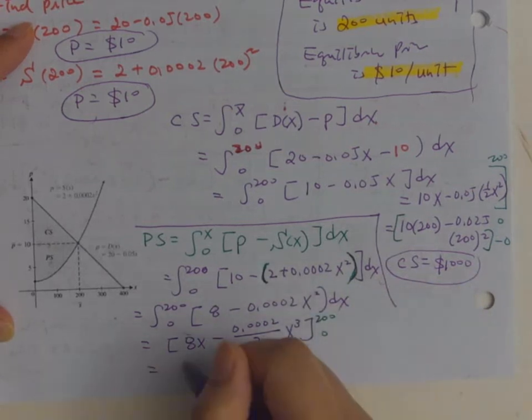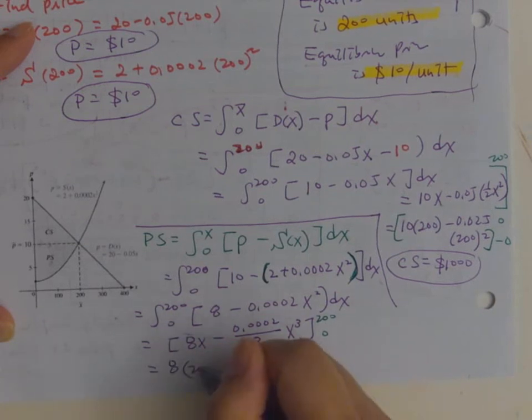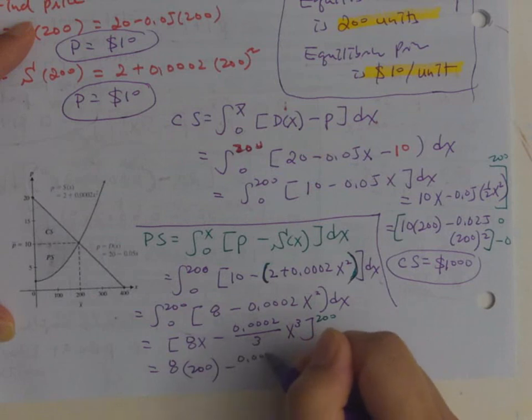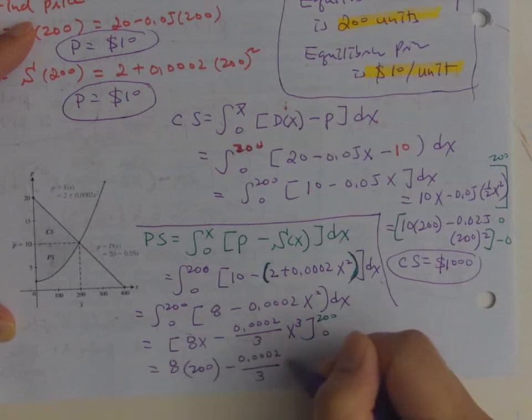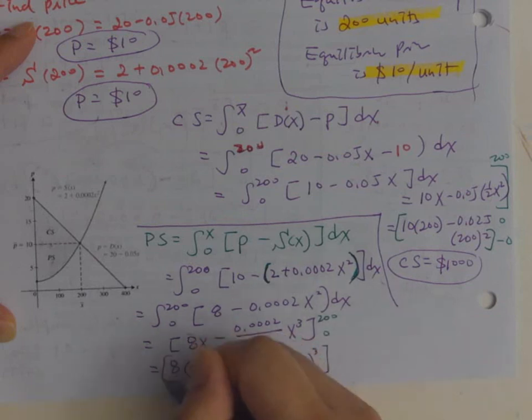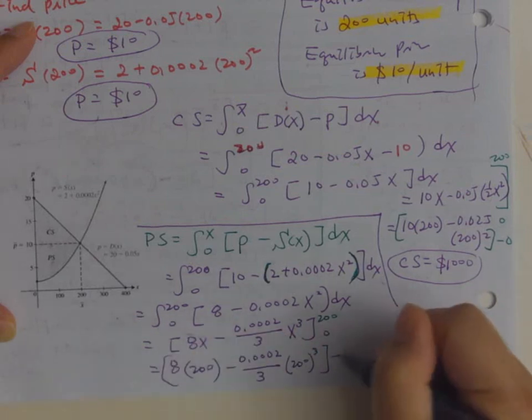So we have 8 times 200 minus 0.0002 divided by 3, multiplied by 200 raised to the third power. Then you subtract the lower limit, but luckily that would be 0.